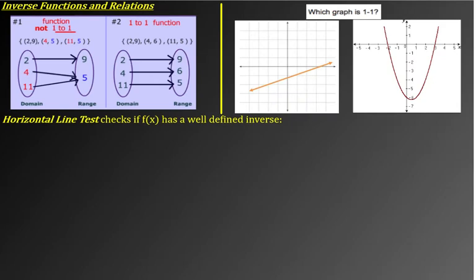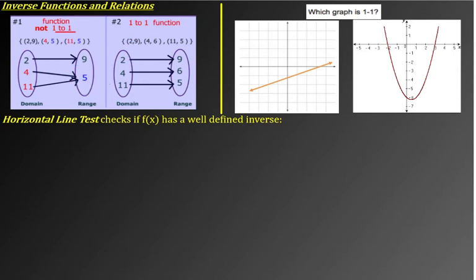All right, so I want to move towards talking about how we even get an inverse. But in order to do that, I want to know when we should get an inverse. And that comes back to this idea of being one-to-one or not one-to-one. So we did this way back towards the beginning of the year.